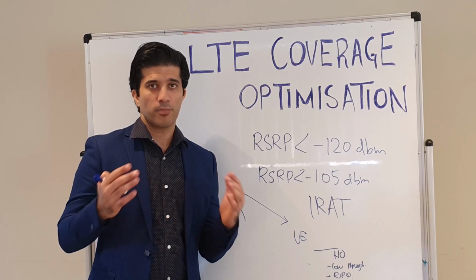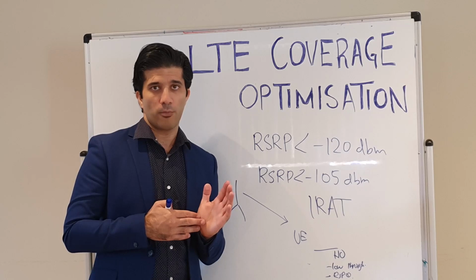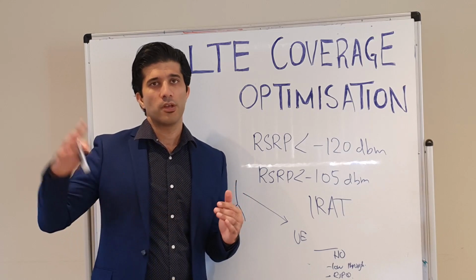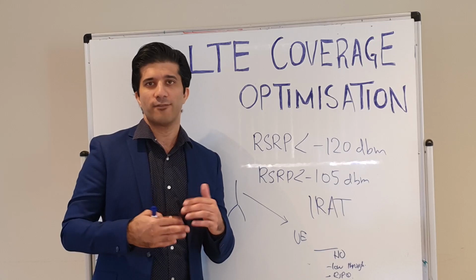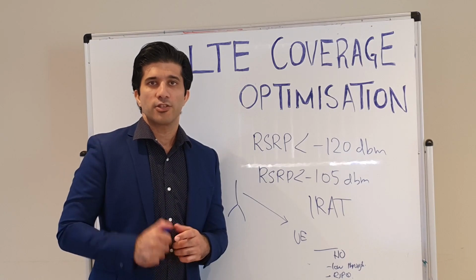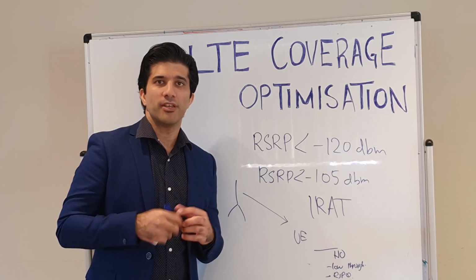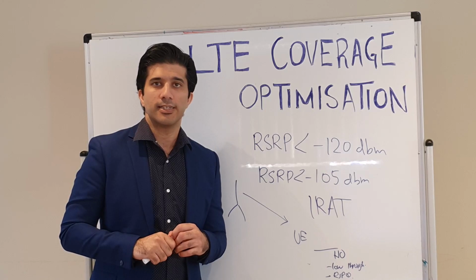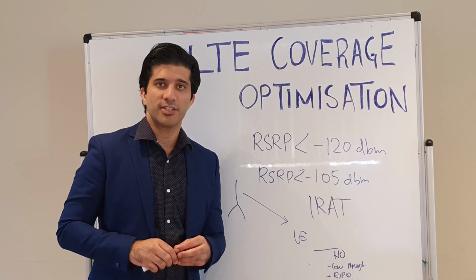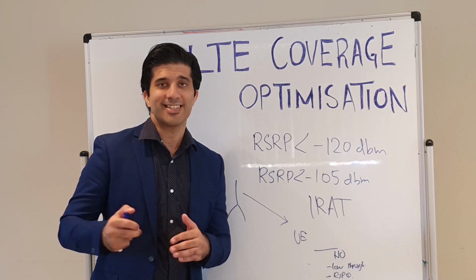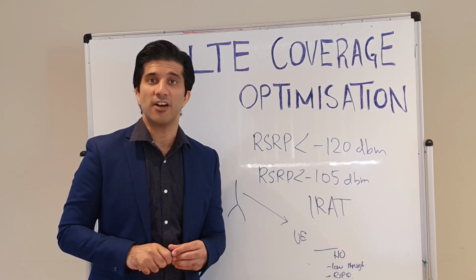Power headroom has a range from -23 to +40 dB, and if you normalize it, it goes to -5 to 20 dB. So your E node B would know from that power headroom that if your UE is already transmitting on maximum power, then yes, it is in a part where there is weak coverage.